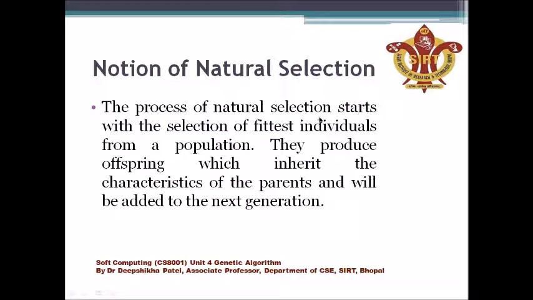The process of natural selection starts with the selection of the fittest individuals from a population. They produce offspring which inherit the characteristics of parents and will be added to the next generation. So what exactly is the notion of natural selection? Natural selection begins with finding the two fittest individuals. What is the process through which we can find the fittest individual?